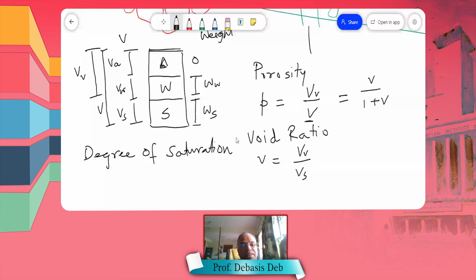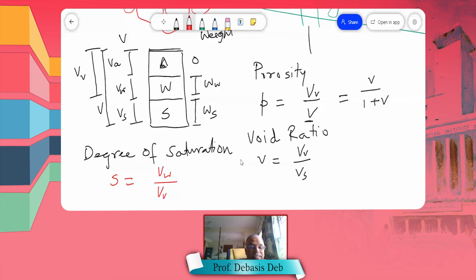You know, this is the question, whether the soil has completely filled with whatever amount of water it can take or not. So the degree of saturation we basically give in percent. The definition is, we normally define it by S, and it is written as volume of water by volume of void. Okay, volume of water by volume of void.